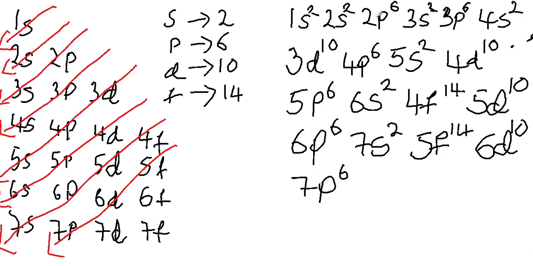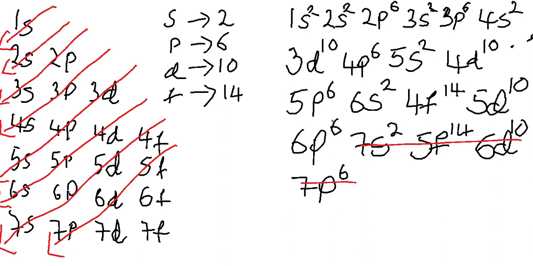So 2 plus 2 is 4, plus 6 is 10, plus 2 is 12, 18, 20, 30, 36, 38, 48, 54, 56, 70, 80, and because we only have 2 electrons to fill up, we do not need all of the rest.